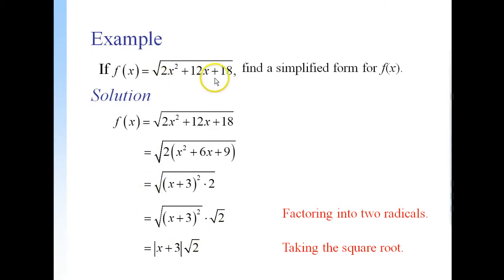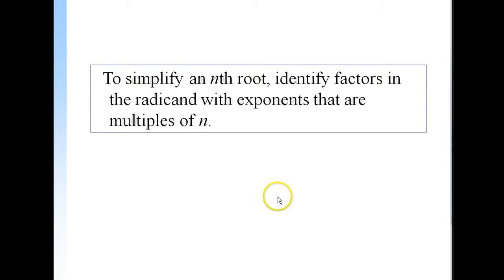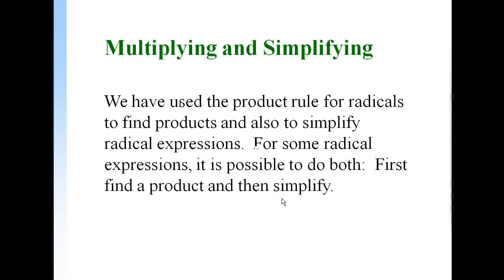So this, simplified, ends up as this. And if we check it, it looks like that, using your graphing calculator. We'll let you read this. Again, if you want to pause it.